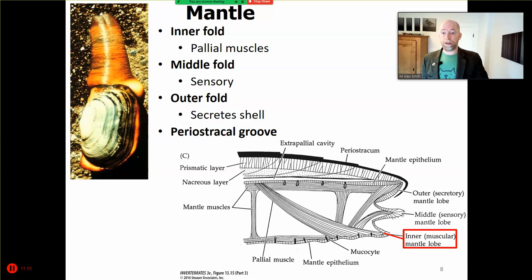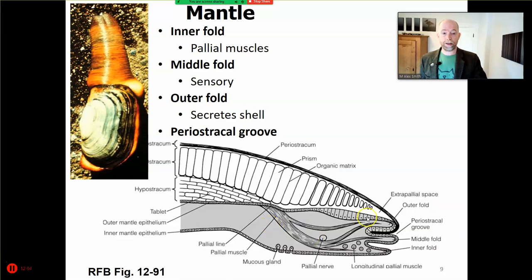Now, the periostracal groove, so there's the three of them. The periostracal groove is kind of a cool thing right in here, this extrapallial space.